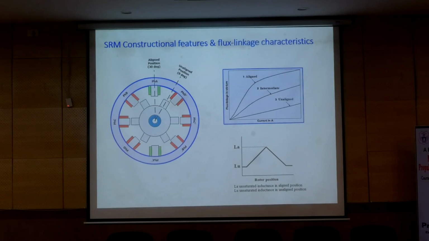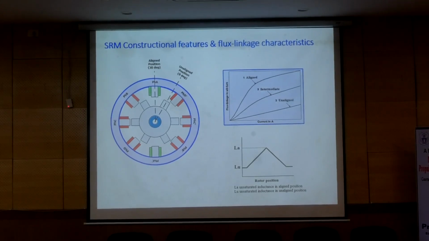If you look at this profile, this is the inductance profile. Depending on the rotor position, the inductance profile of this machine also changes. This LU indicates the unsaturated inductance at the unaligned position, whereas LA is the unsaturated inductance at the aligned position.